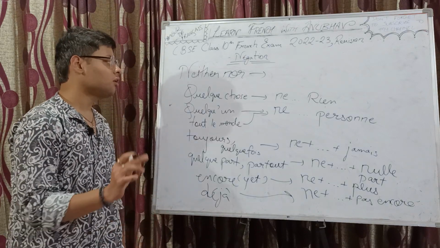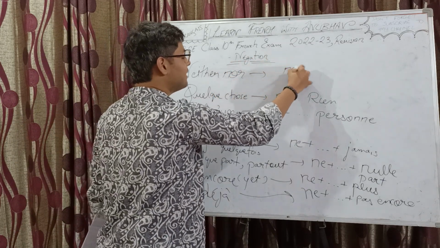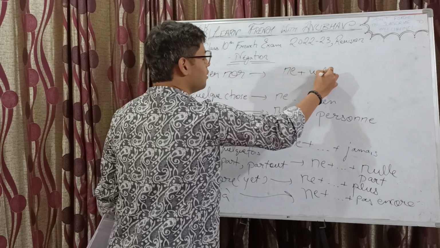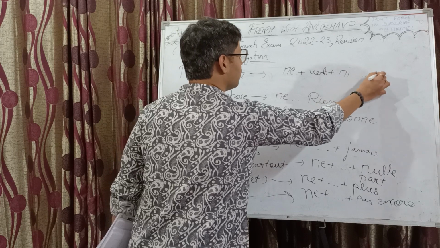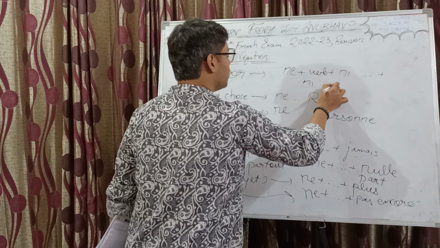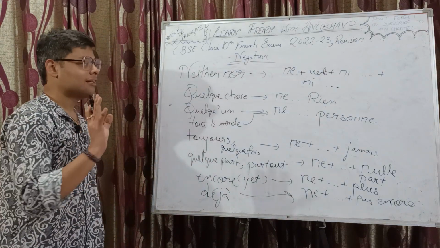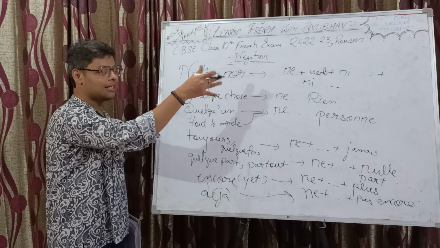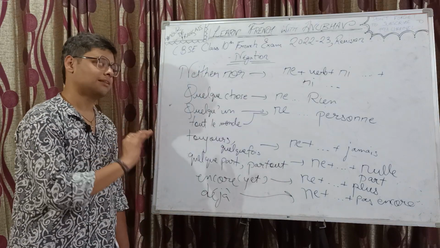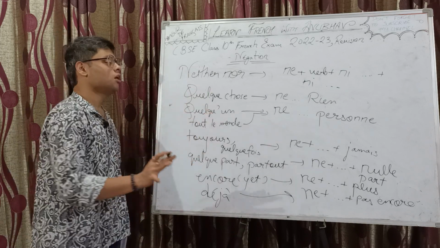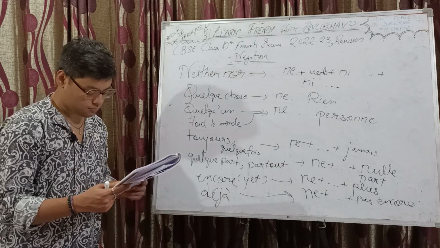So for neither nor, how do we do it? We place subject plus ne plus verb, okay, plus ni object 1 plus ni object 2. Okay, so it's ne, ni, ni. In fact, this ni can be one more as well, depending on the number of objects. So yeah, in this way you do it for neither nor as a negative expression, right?